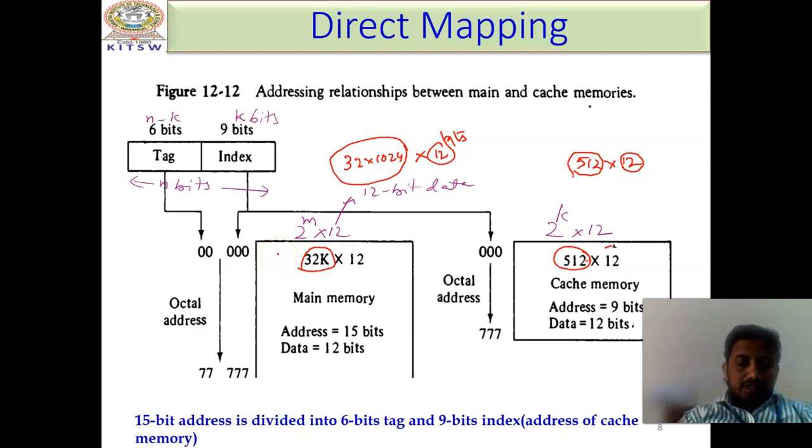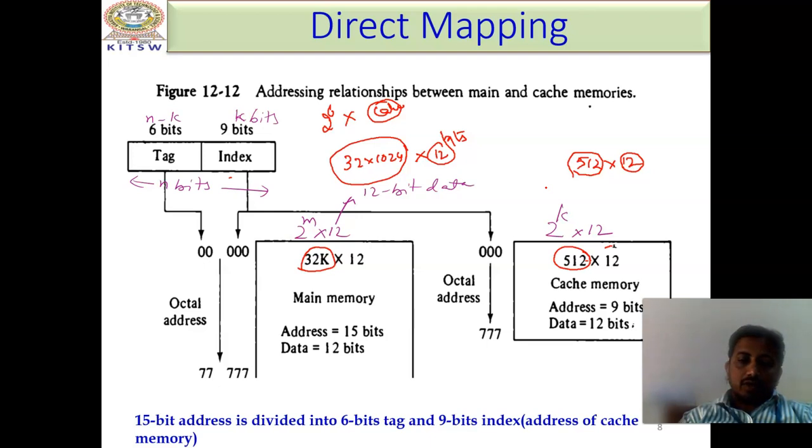So one set, like 00, will extend till 777. Next 01, 0100 till 77. So you will have a total of 512 addresses in the cache memory. We'll take one index and put it in this cache memory.